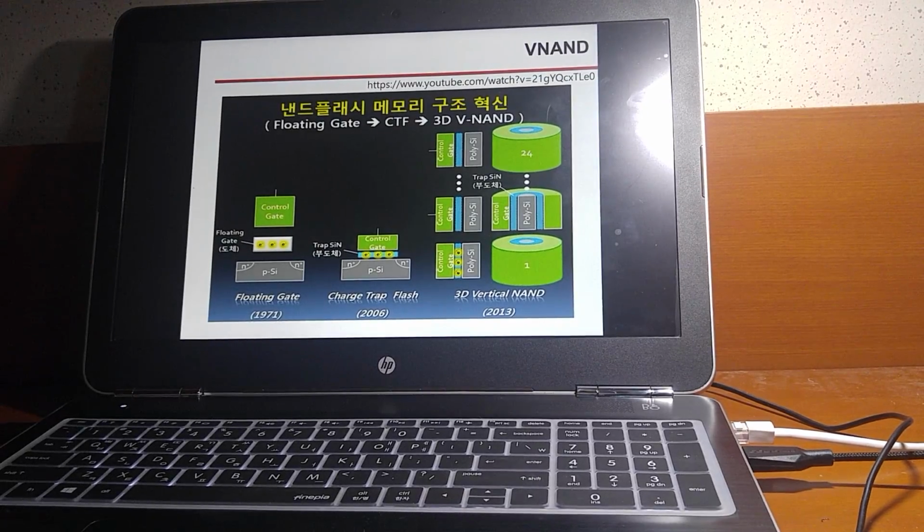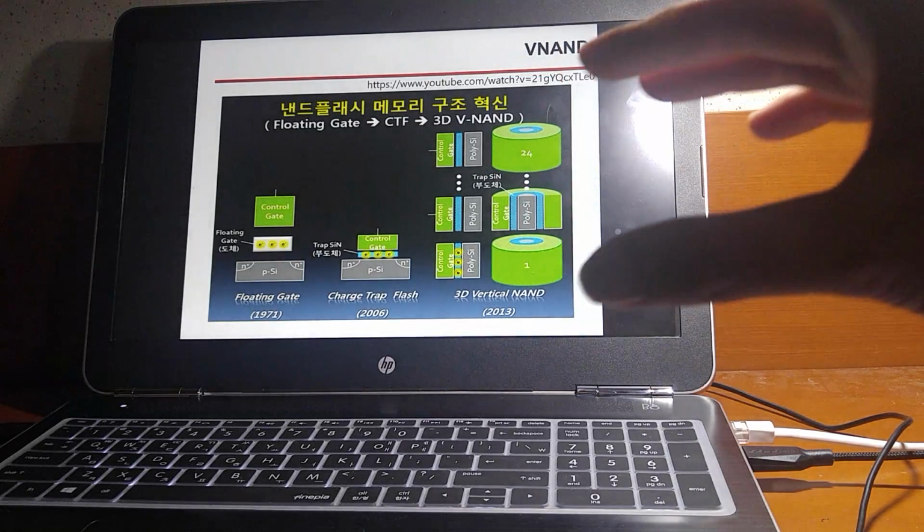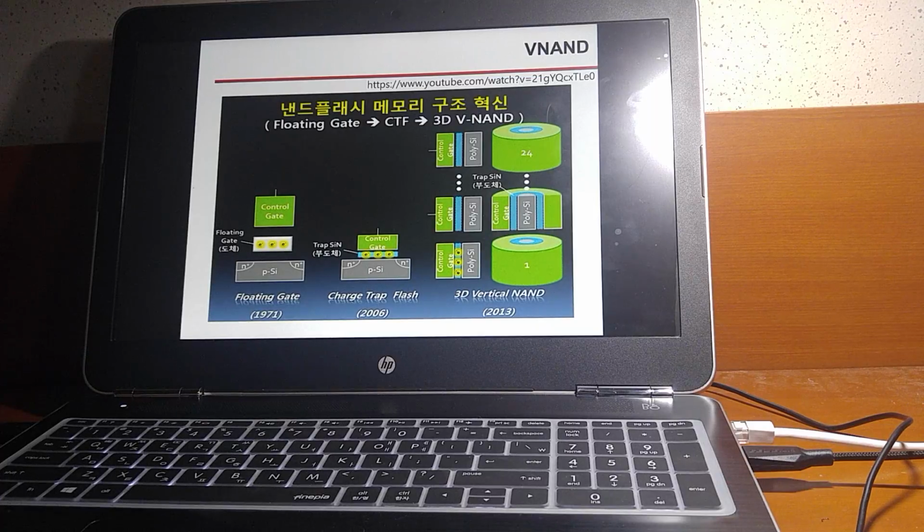And nowadays we are focusing on VNAND because it is very revolutionary in the engineering. And as I told before, NAND is very good for controllability, and we stack the floating gate in the vertical structure.